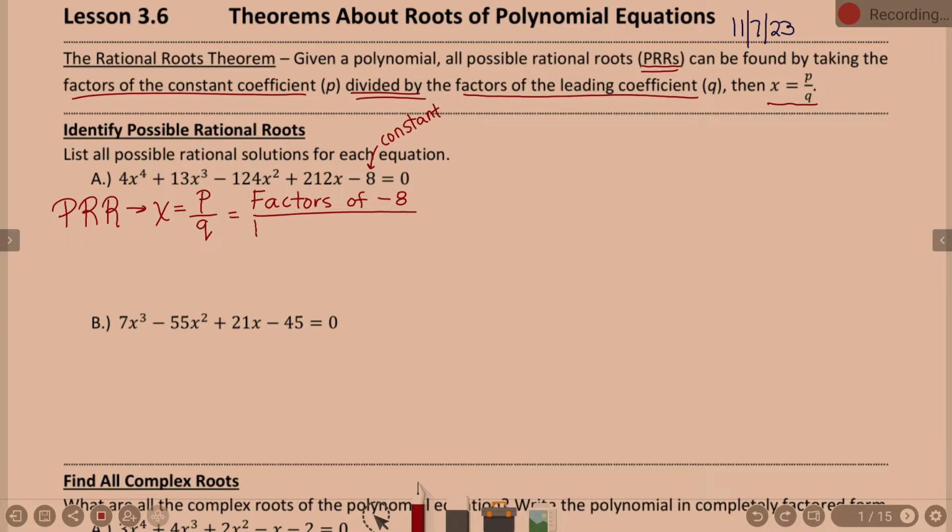In the denominator, we're doing factors of the leading coefficient. What's my leading coefficient? 4. 4? Let me be nitpicky here. Which 4?